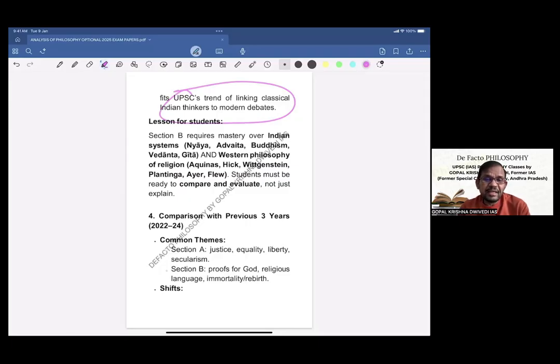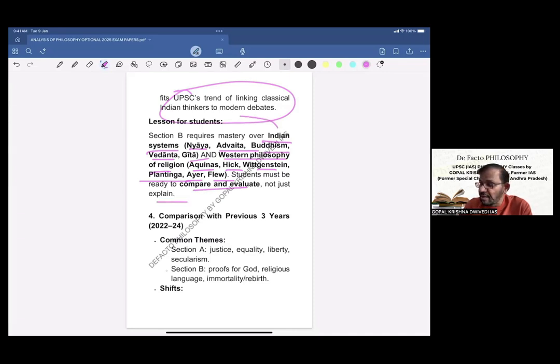So what is the lesson for a student in section B? It requires mastery over Indian systems, that is Nyaya, Advaita, Buddhism, Vedanta, Gita, and Western philosophy of religion: Aquinas, Hick, Wittgenstein, Plantinga, Ayer, Flew. Students must be ready to compare and evaluate, not just explain.